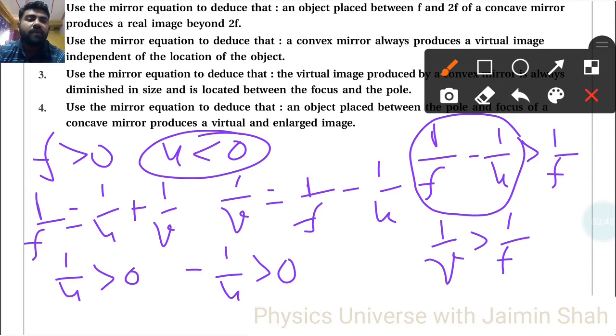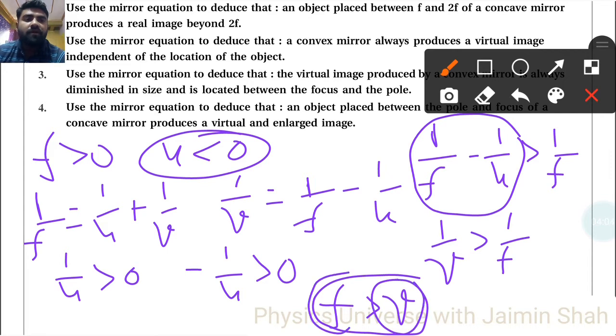So here, by cross multiplication, f will be greater than v. So we get an image distance which is less than f. So here also the image distance doesn't depend on the object distance; it is independent of the location of the object, because here we only have f, so the image distance depends on the focal length of the convex mirror.